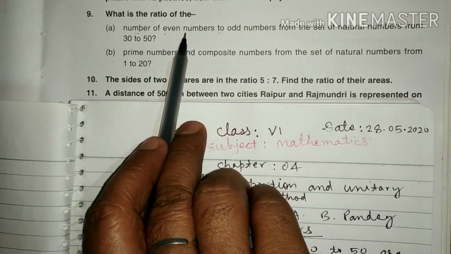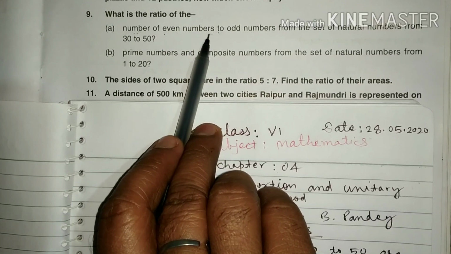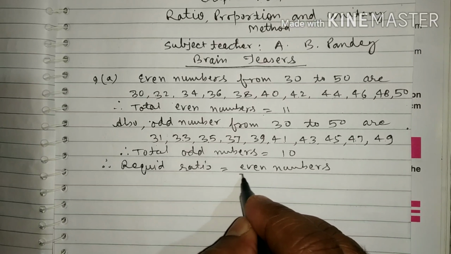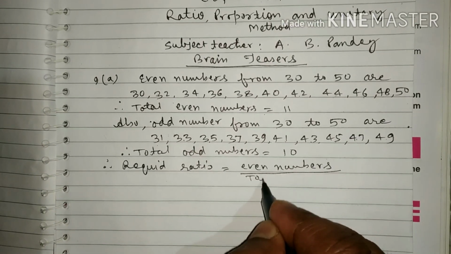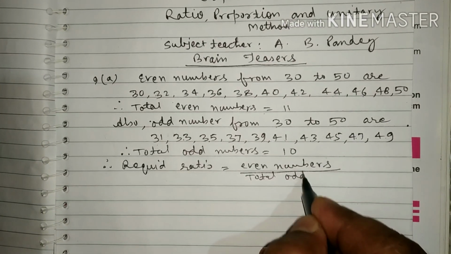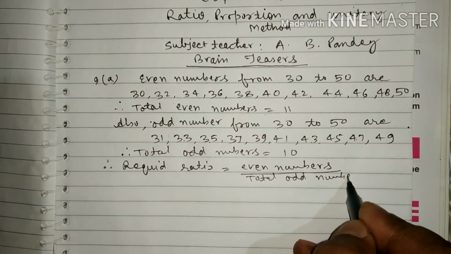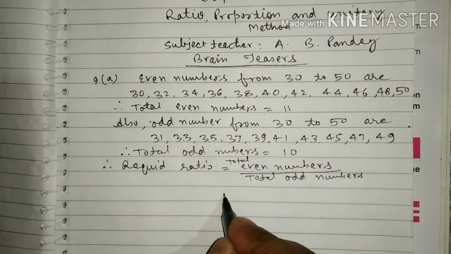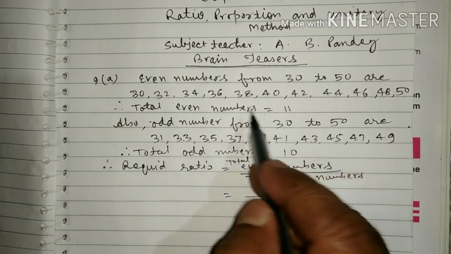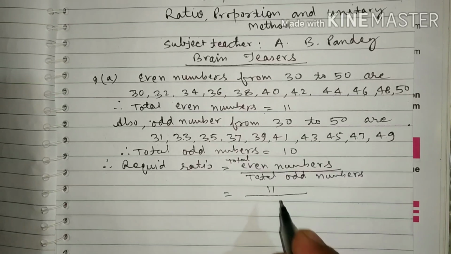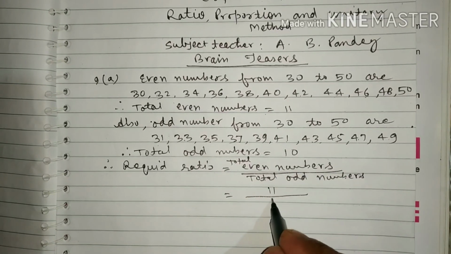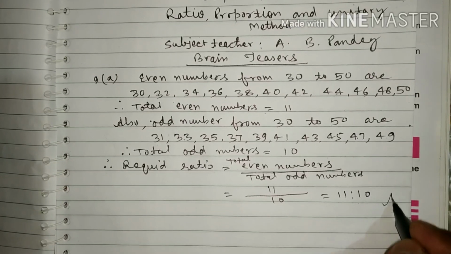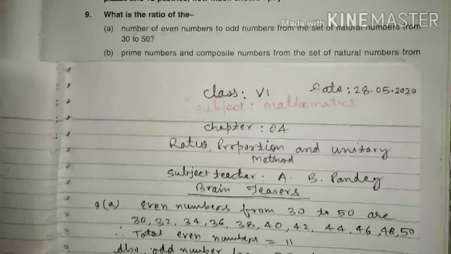So you first write even numbers in the numerator and then total odd numbers in the denominator. Total even numbers 11 we write in the numerator, total odd numbers 10 we write in the denominator. It is 11 is to 10, and this is the answer of this question 9A.